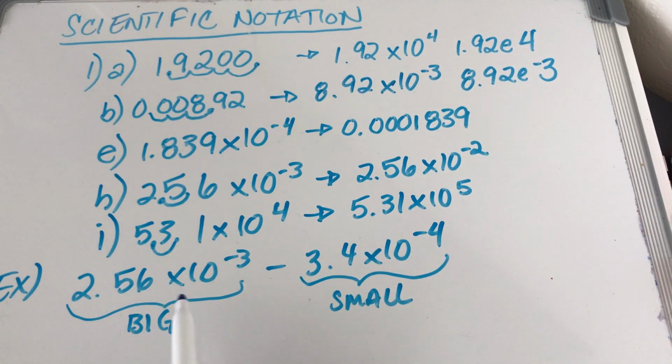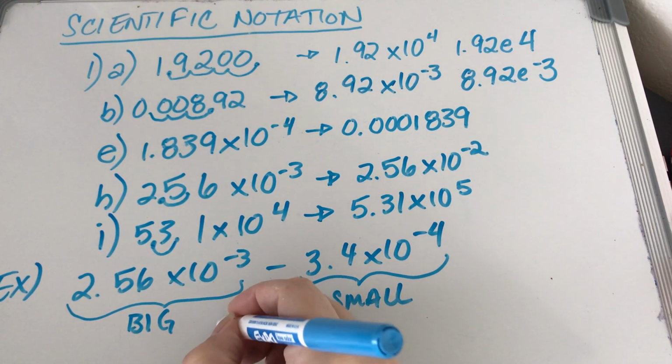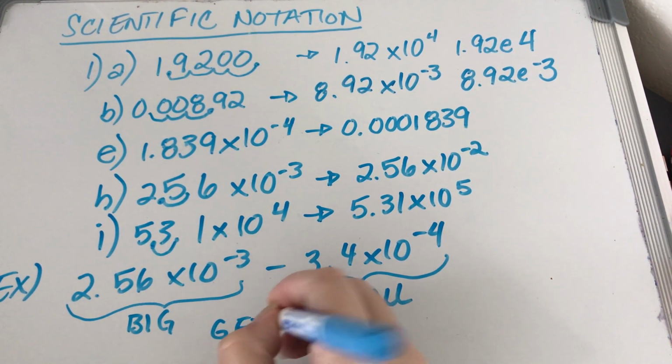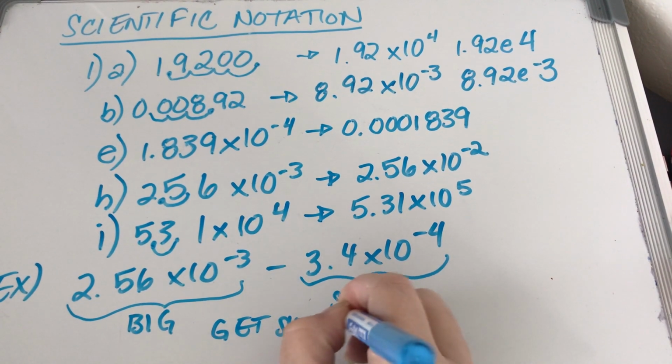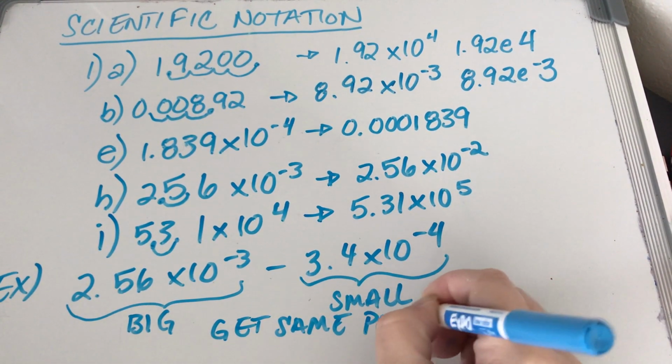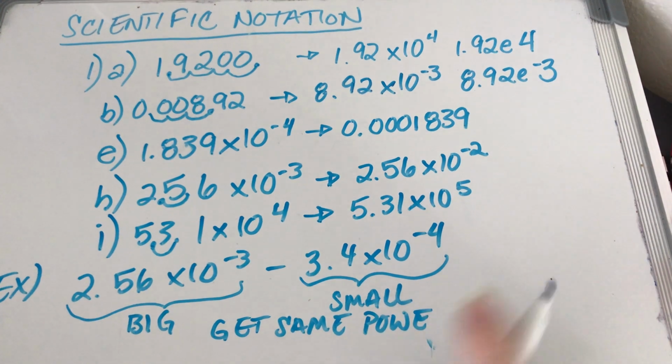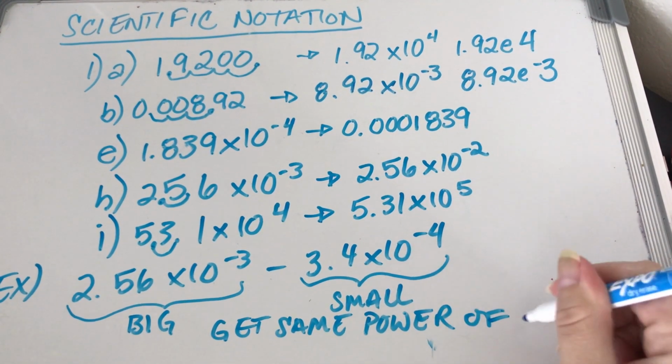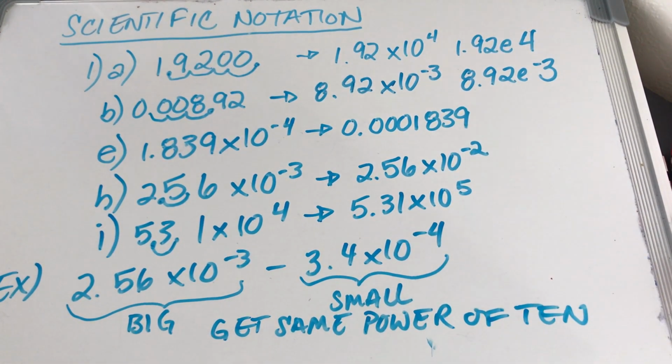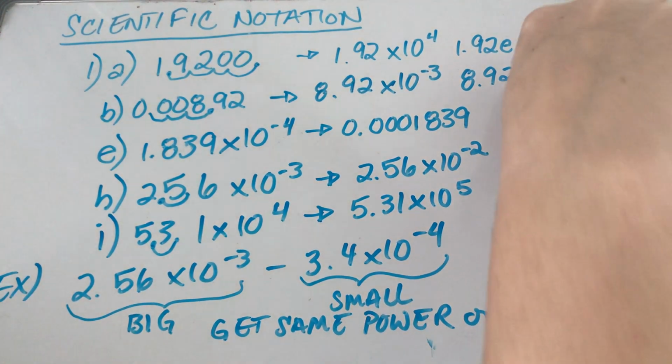Cool. So there's two ways that we can do this problem. The first one would be to get them into the same power of 10. So what do I mean by get them into the same power of 10?